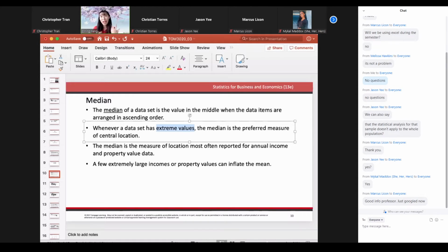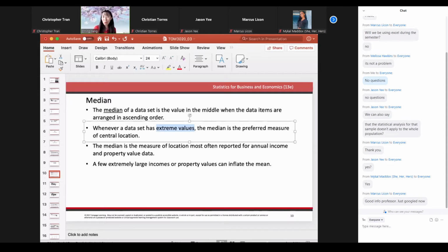So I should conclude that, overall, people in this neighborhood make about 40 to 50,000 a year. That should come from the median. Why not the mean? Because let's say at the end of the street, there's one family, one person who is a millionaire, with a huge company with hundreds of employees.